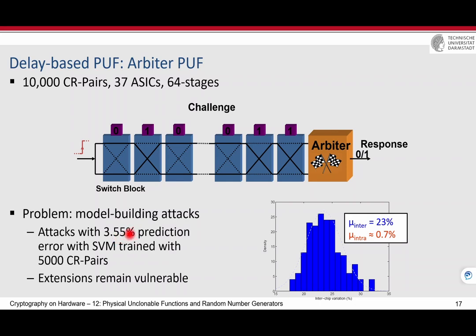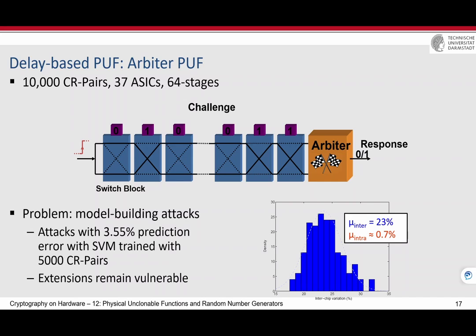And then the idea was, okay, let's make it more complicated, then have a couple of them and XOR the output. And of course, the challenges should be the same. You give the same challenge to, for example, 4 instances of this, and then the outputs are XORed, and you generate one single output. It's called XOR arbiter PUF, but there are still machine learning attacks on this.